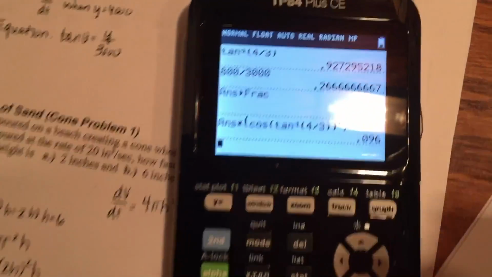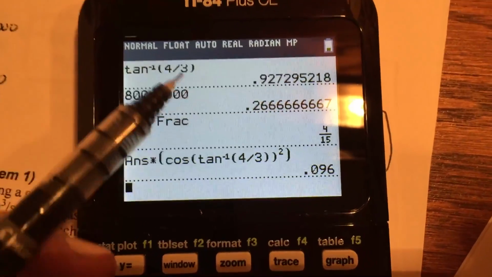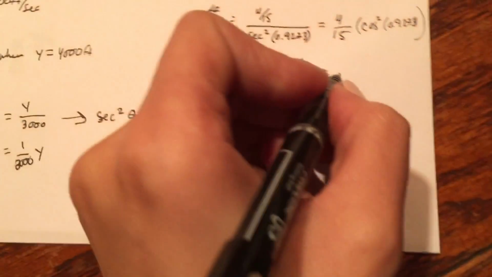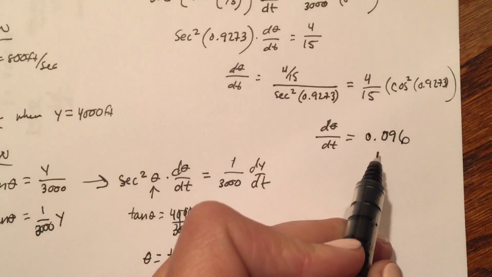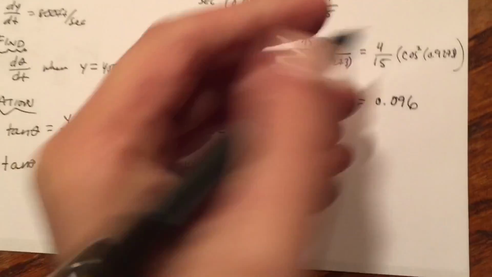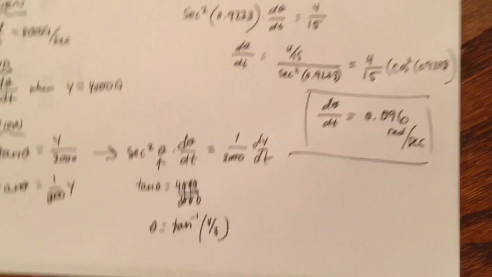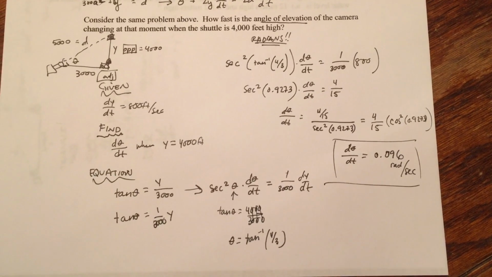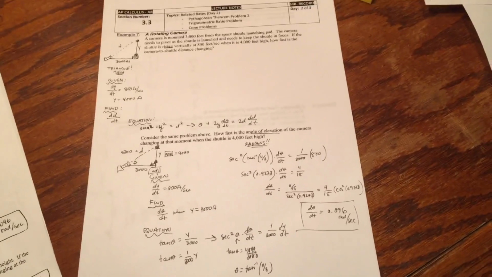And just so you guys can see in my calculator what I did here, I tried to take the exact value, but either way, we're still doing the same thing. And what you should get here is 0.096. Okay. And that's going to be in radians per second. Okay. Instead of degrees per second. All right. There we are. Okay. So again, this is part 2 of example 7.